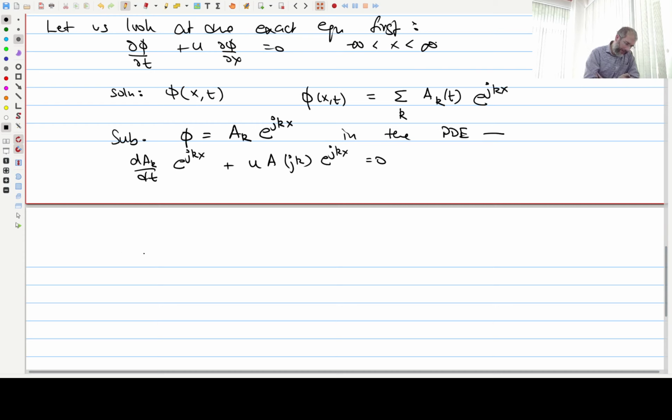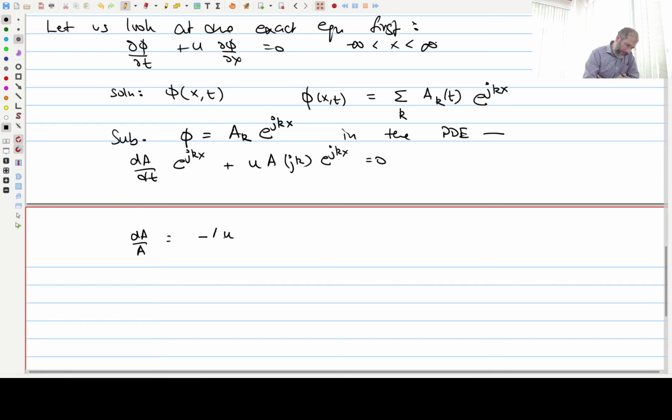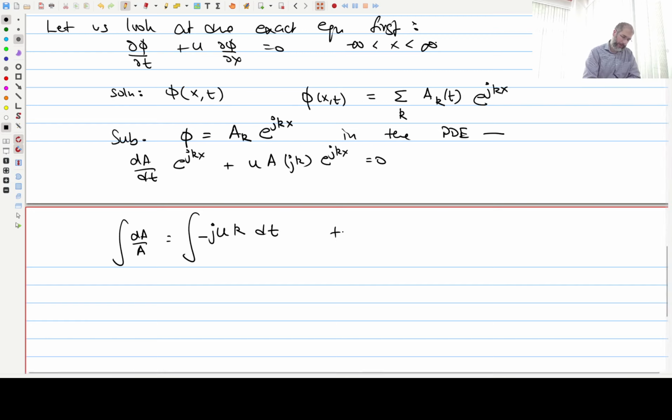Then, let's drop the k also for convenience for now. So we have dA upon A is equal to minus jku dt, plus some constant.